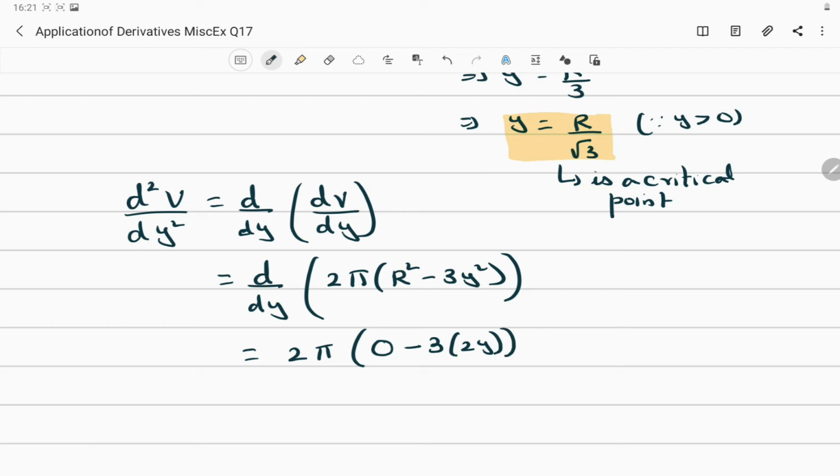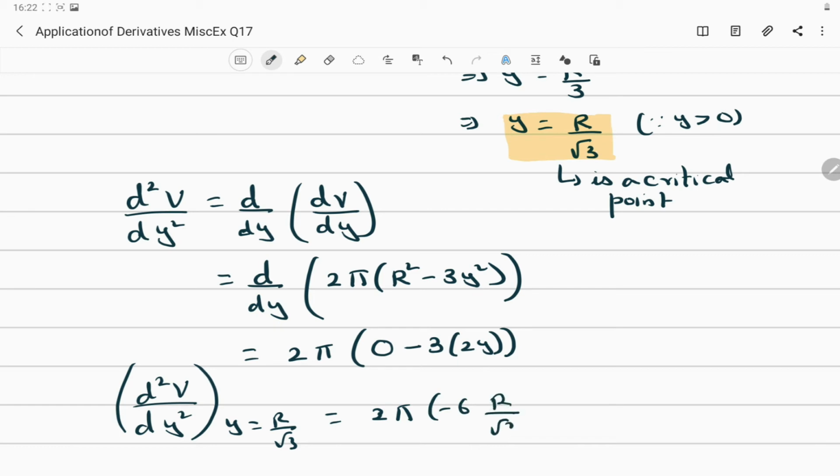So d square V by dy square at the critical point, that is at y equal to R by root 3, is 2 pi into minus 6 into y, which is R by root 3, and this is found to be negative.